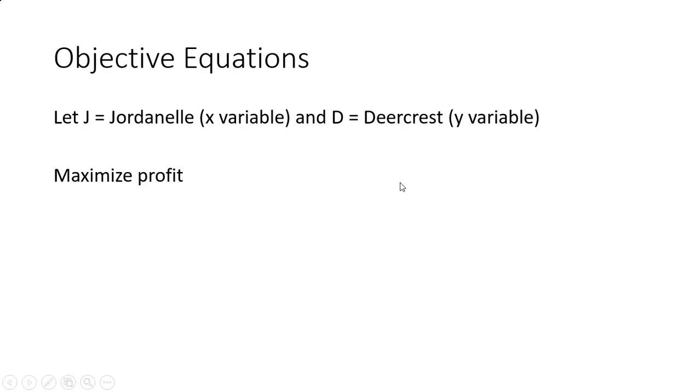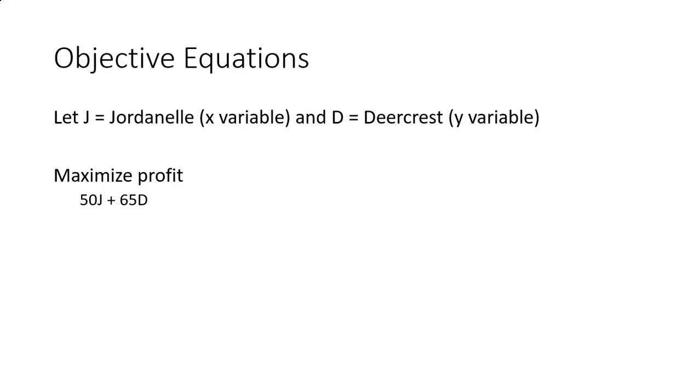From the book, the equation to maximize the profit is 50J, because the Jordanelle makes a profit of $50 a unit, plus 65D. So Deercrest makes a profit of $65 a unit.